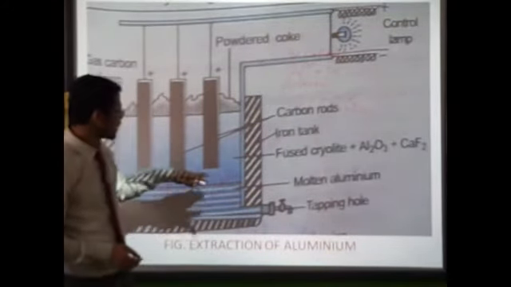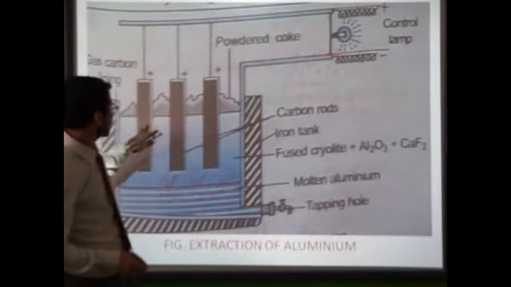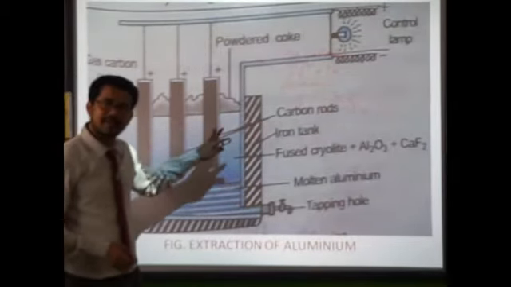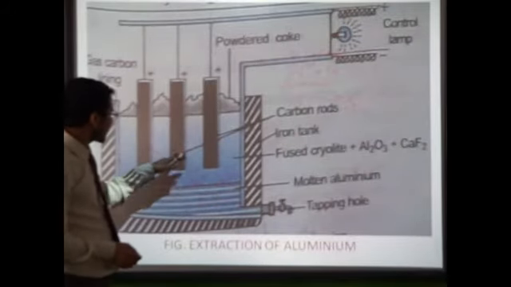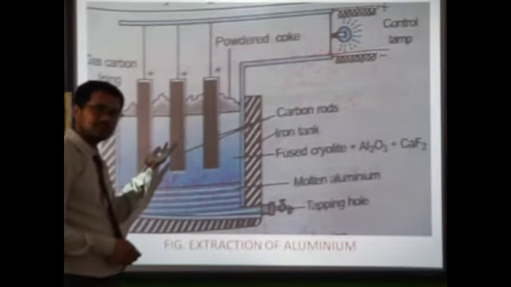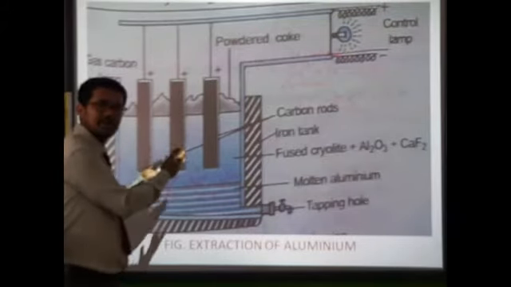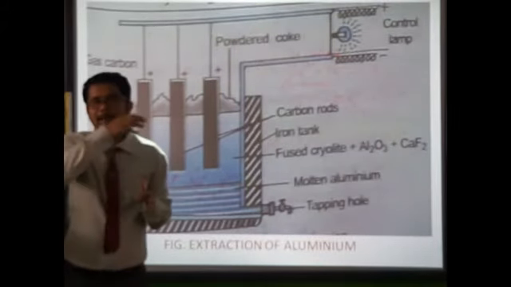The negative ion, the oxide ion, moves towards these plates and gives electrons here because this is electron deficient. So it gives electrons and becomes oxygen gas.